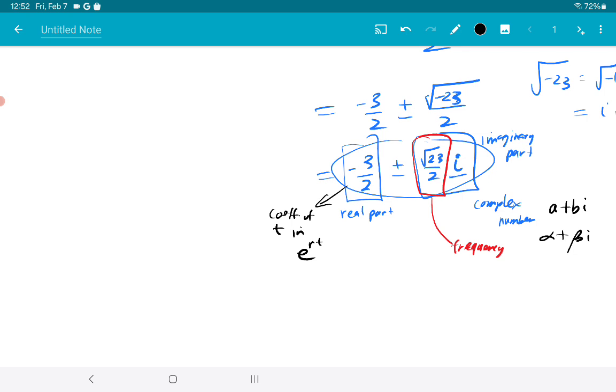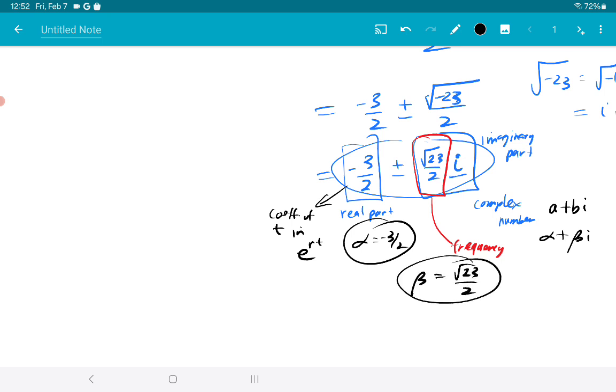So in this problem here, alpha is negative 3/2, and beta is square root of 23 over 2. Because the alpha comes from there and the beta comes from the coefficient of i, whatever's in front of the i. We don't need to worry about the plus or minus here.